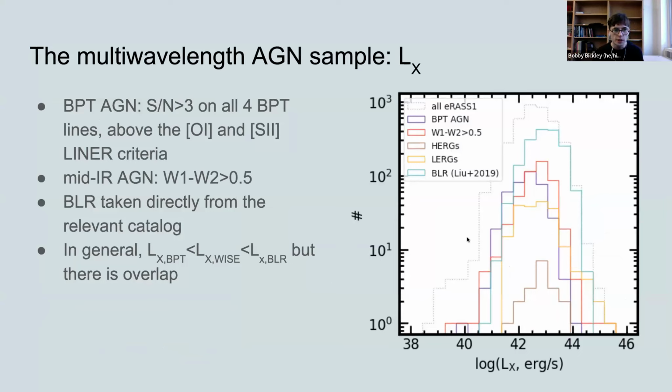A few words about the AGN sample. These are various other AGN catalogs plotted on a histogram of their X-ray luminosity.